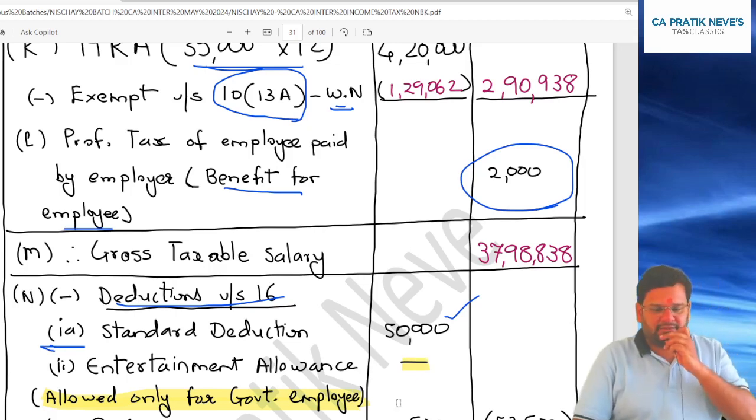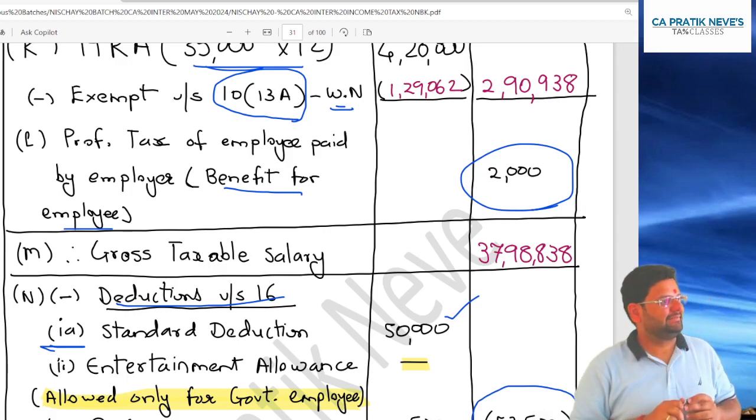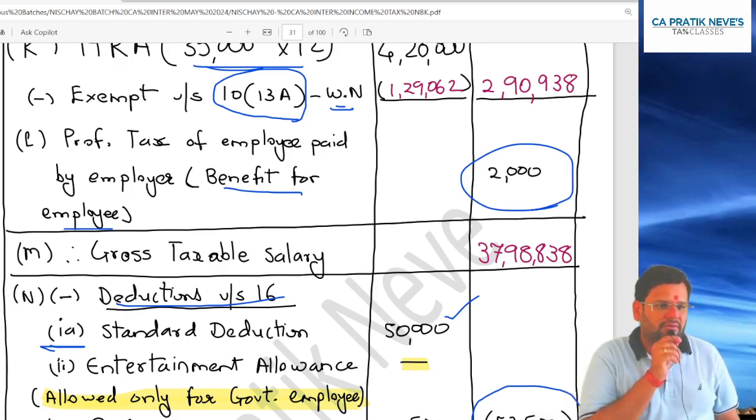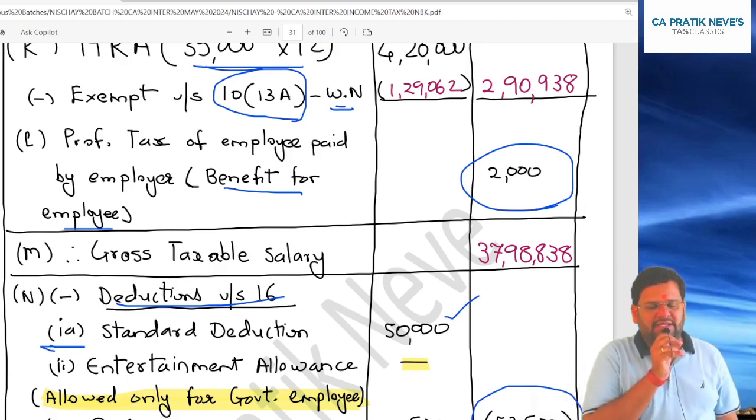And profession tax 2,500. So friends, 52,500 will be total of deductions. No second opinion in that. All of you, 52,500 will be what? Total of your deductions. Therefore, net taxable salary, please leave it blank.